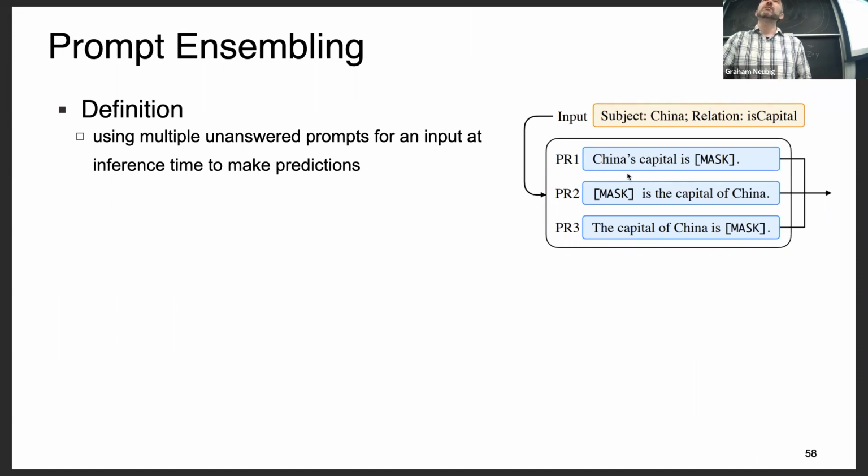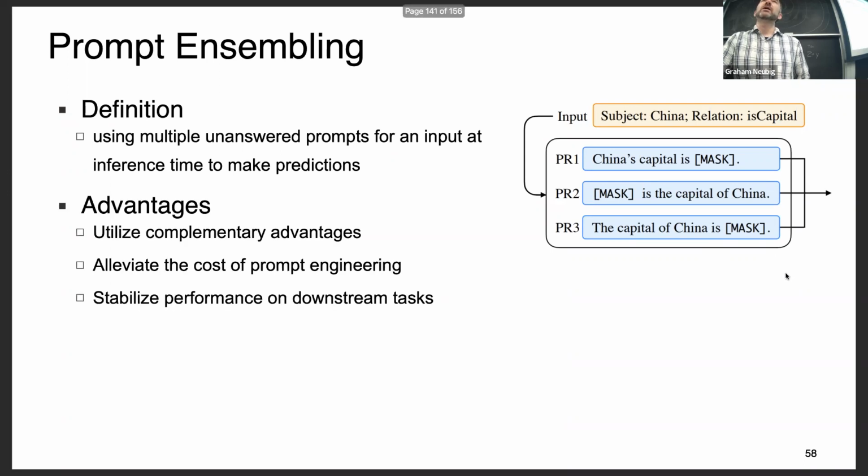We might come up with prompt number one, which is like "X's capital is Z," then "Z is the capital of X," then "the capital of X is Z." And we combine together the predictions. Usually we'll combine the predictions using something like linear interpolation.